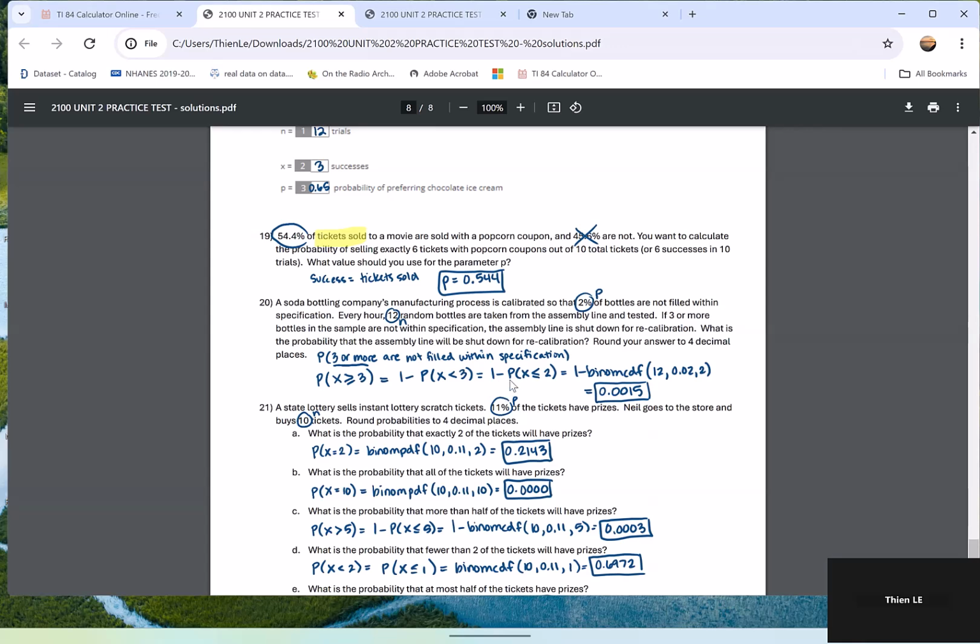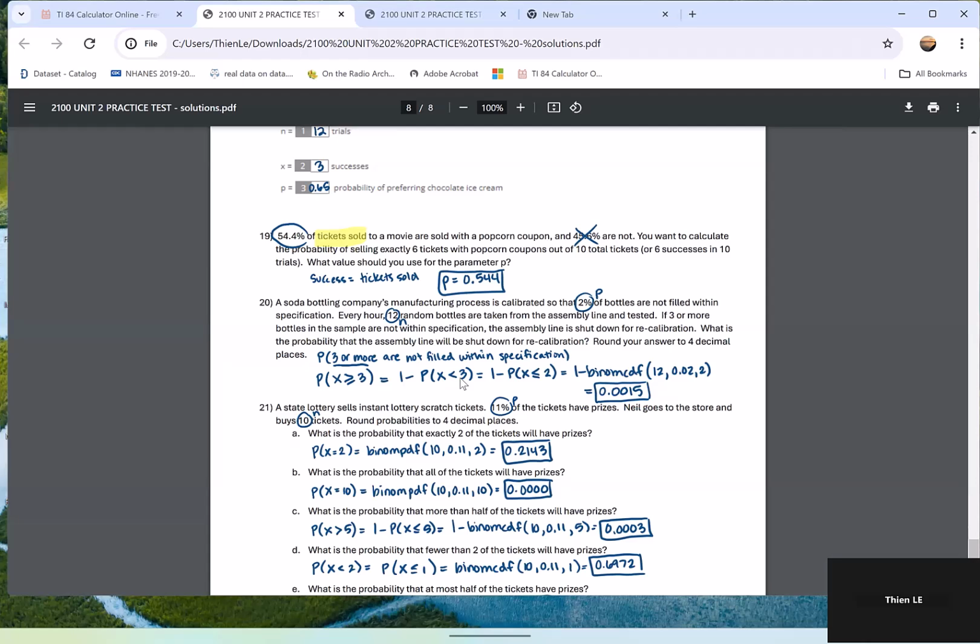Your TI cannot process less than 3 directly. You need to rework this a little, because the TI binomcdf function, the cumulative distribution function, does not work with the less than sign. I emphasize again: binomcdf does not work with the less than sign. You have to translate it.